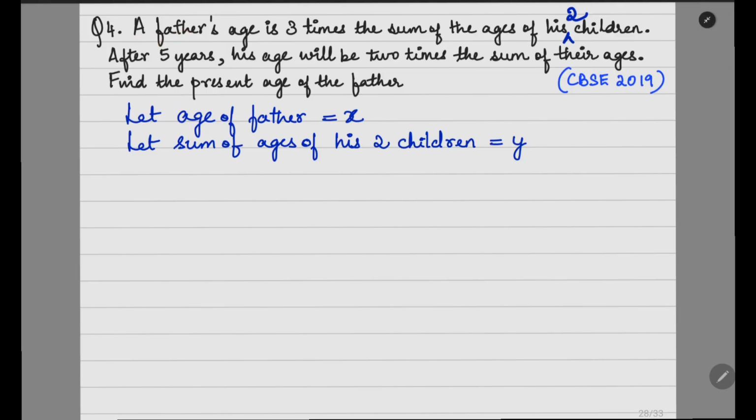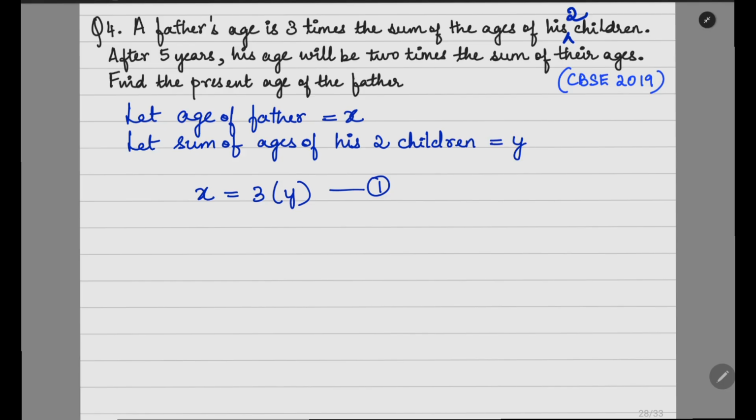The father's age is 3 times the sum of the ages of his two children. So father's age X is equal to 3 times the sum of the ages of his children, that is Y. Okay, so X is equal to 3Y. This is the first equation.